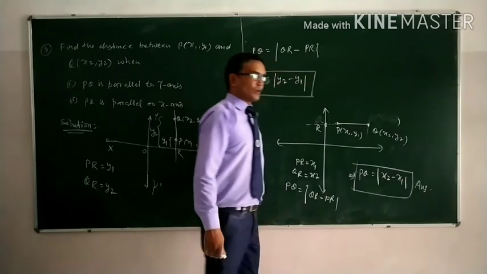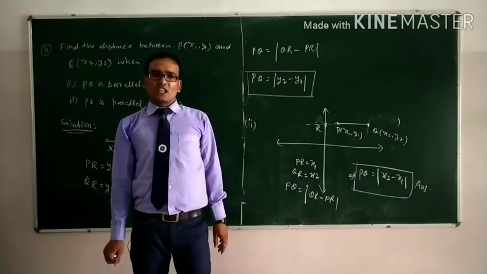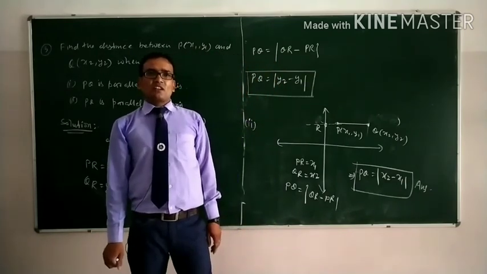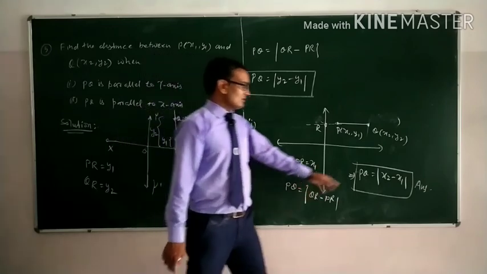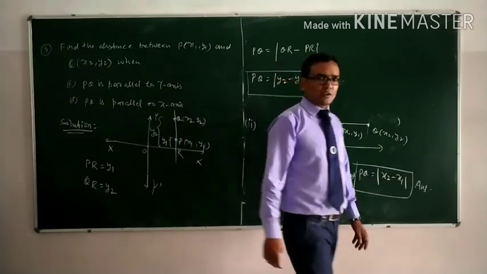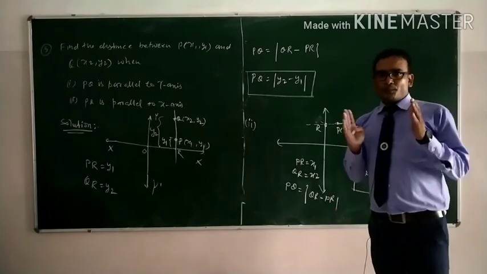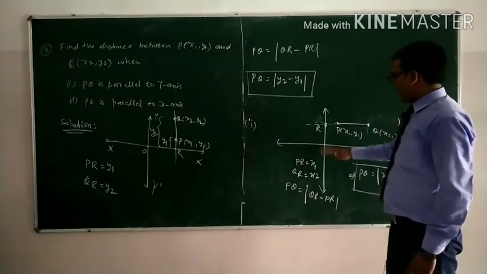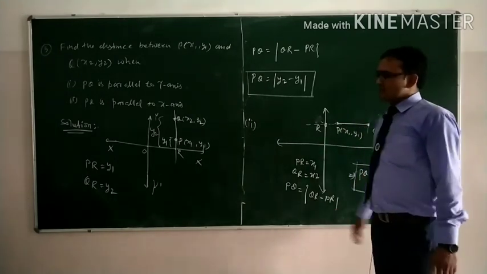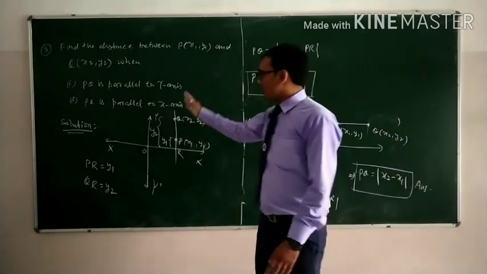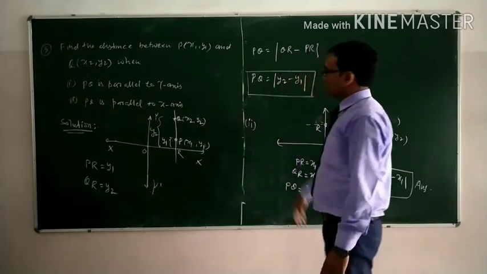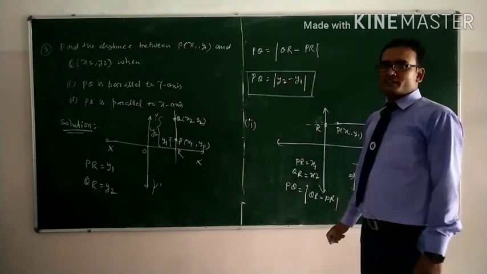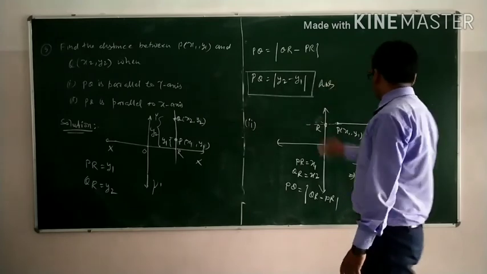The distance between two points P x1 y1 and Q x2 y2 is mod of x2 minus x1 when PQ is parallel to the x-axis, and if PQ is parallel to y-axis, then PQ equal to mod of y2 minus y1. This is your answer.